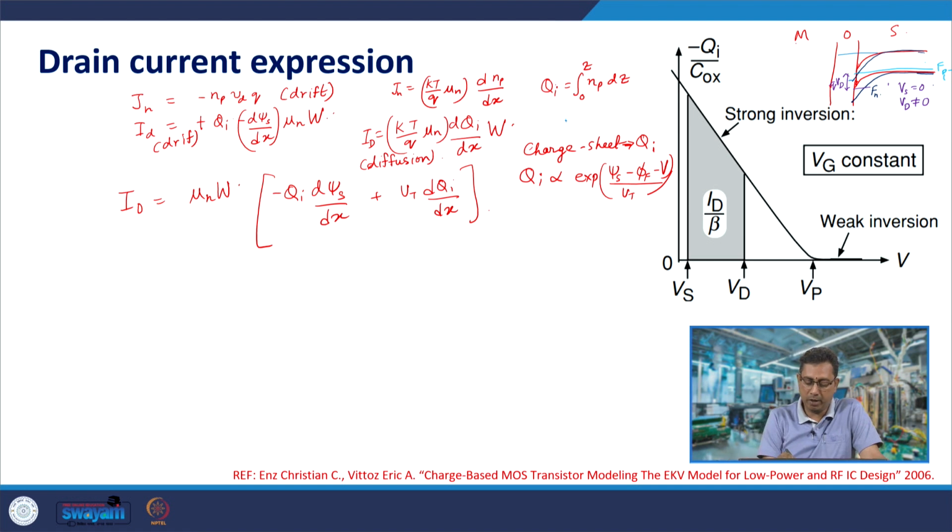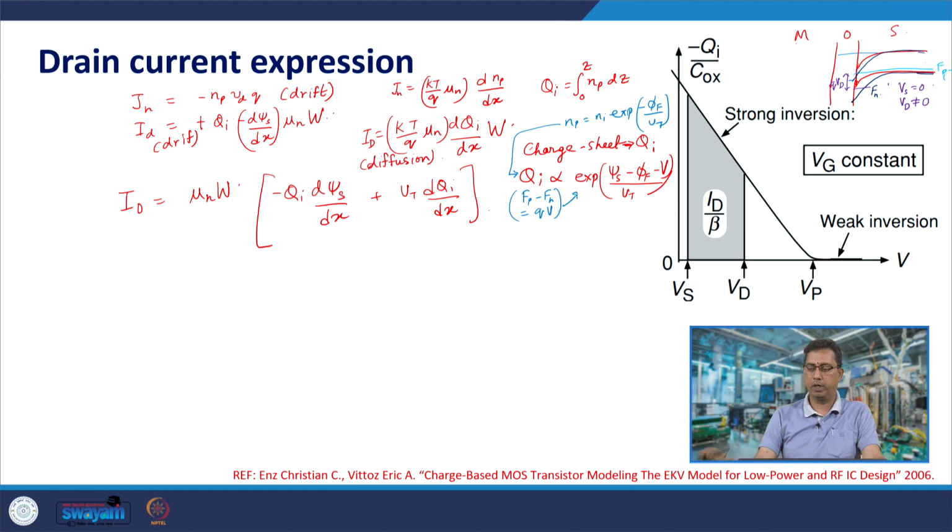So, here in the background you have Np equal to Ni e to the power minus phi f by ut. Based on that you get this, and this V is because Fp minus Fn, the quasi-Fermi levels of electron and hole, are different by qV.